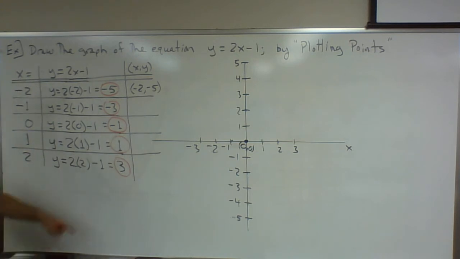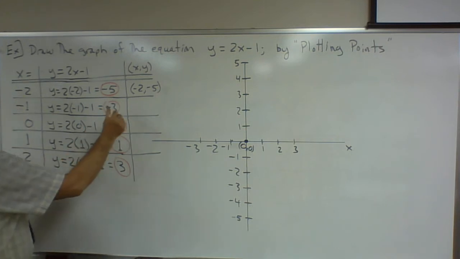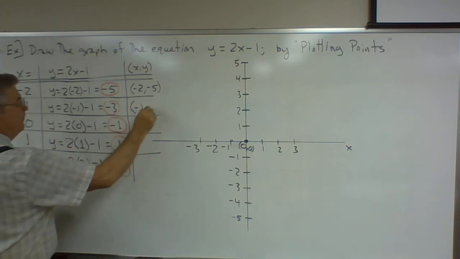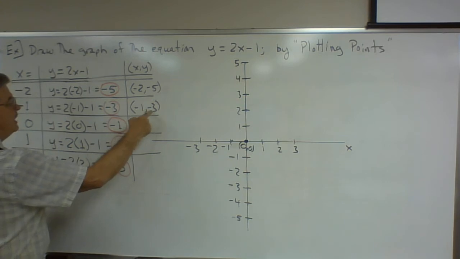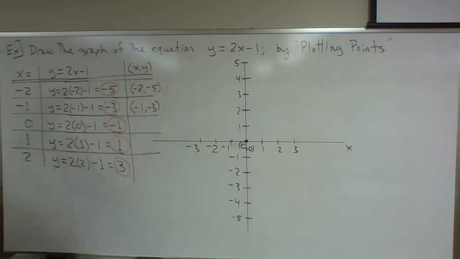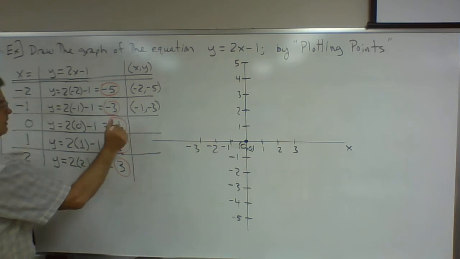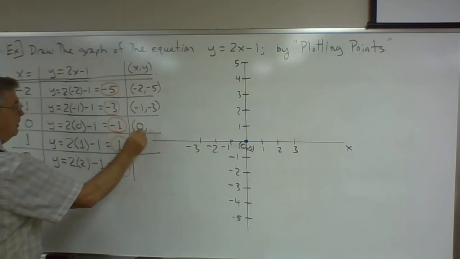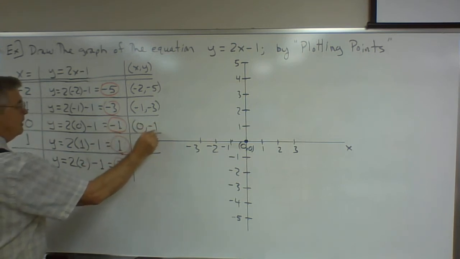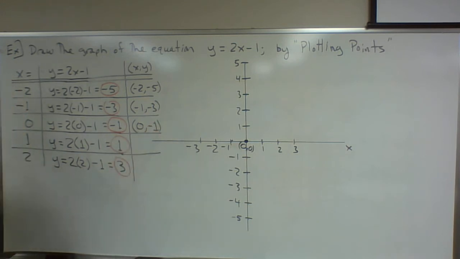Negative 2, negative 5 is a point on the graph. When x is negative 1, y is negative 3. Negative 1, negative 3 is a point on the graph. When x is 0, y is negative 1. The ordered pair 0, negative 1 is a point on the graph.